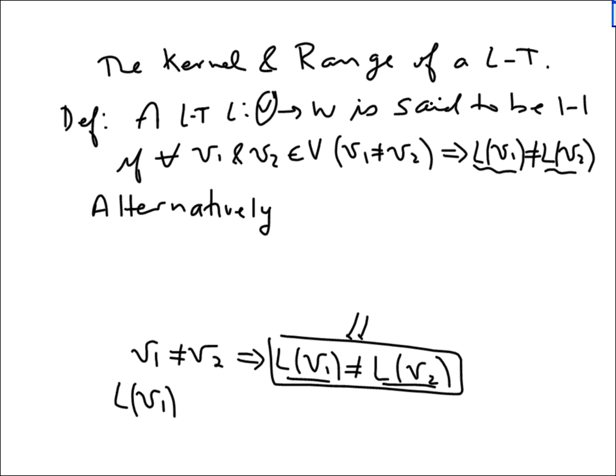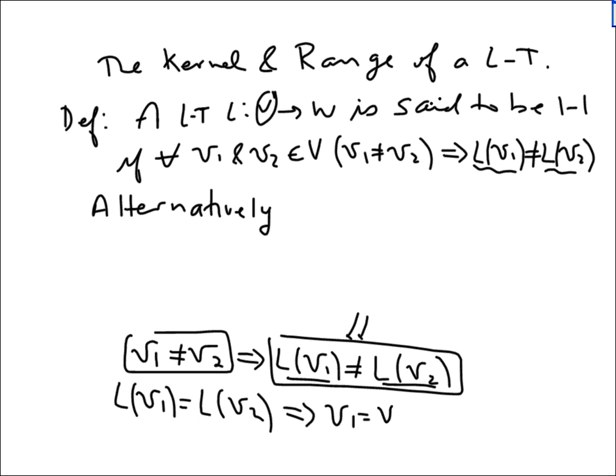And for the contrapositive, we put them first. It implies the negation of the other statement. If it is not true that V1 does not equal V2, then V1 equals V2. There are only two possibilities: either V1 and V2 are equal, or they are not equal.